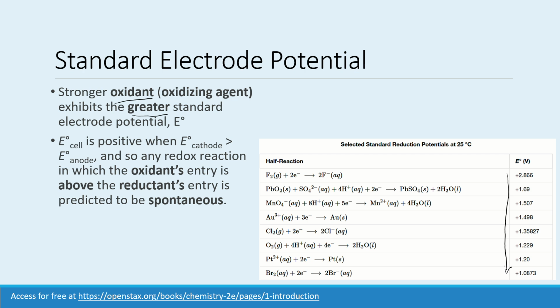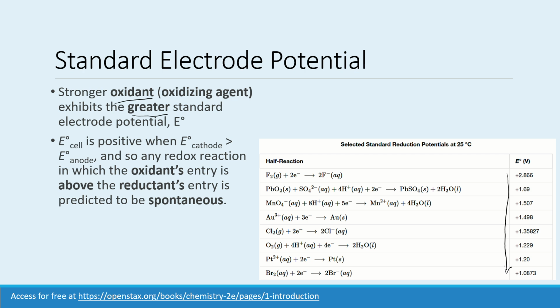And as long as E cell is positive, which means that the cell potential of the cathode is greater than that of the anode, then we're going to have a spontaneous process. So basically, if your oxidant entry is above that of your reductant entry, you'll have a spontaneous process.